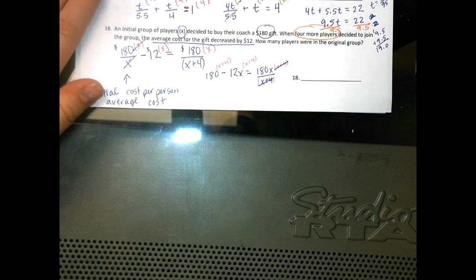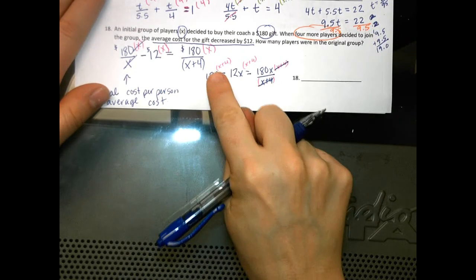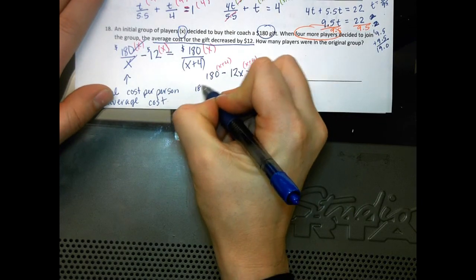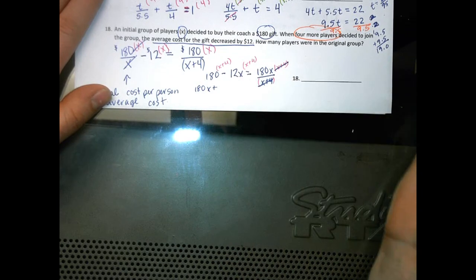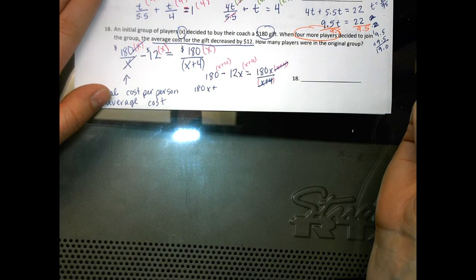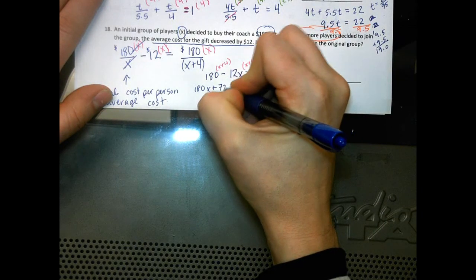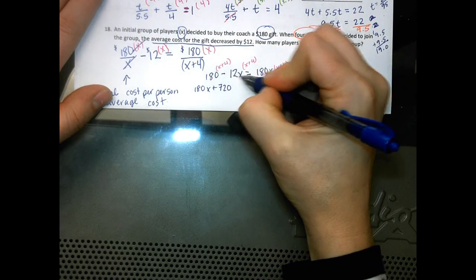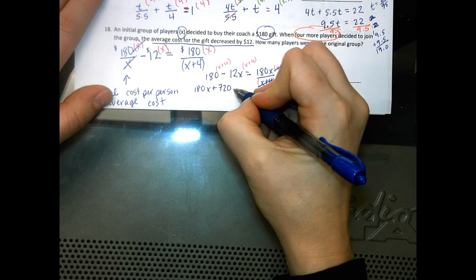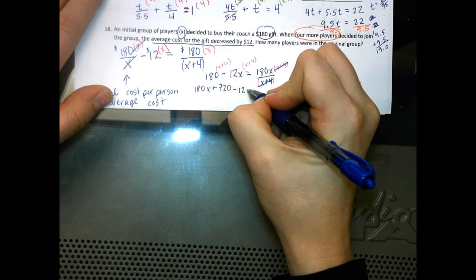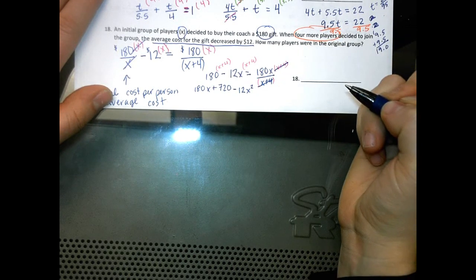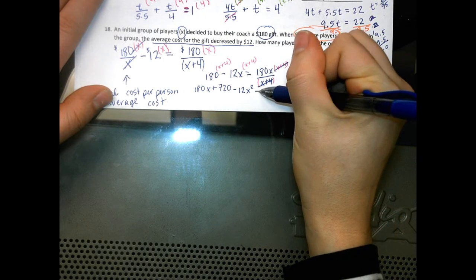Okay, what is 180 times X plus 4? 720. And negative 12X times X plus 4? Good.